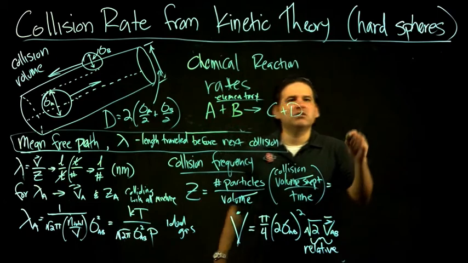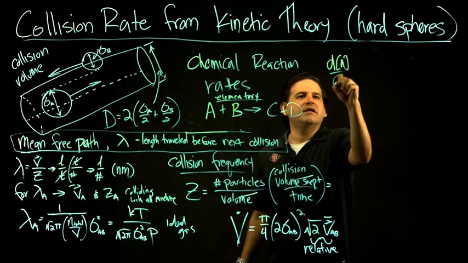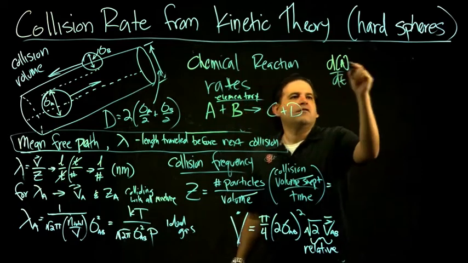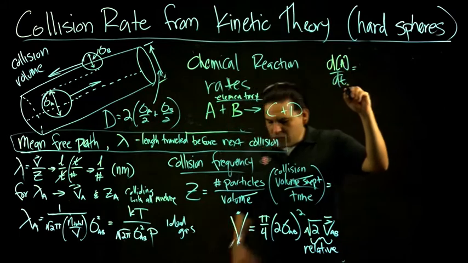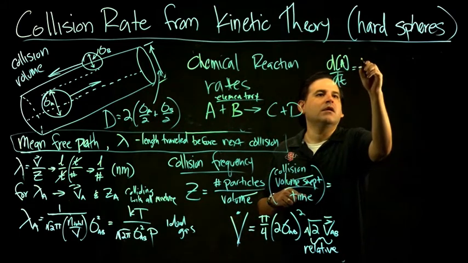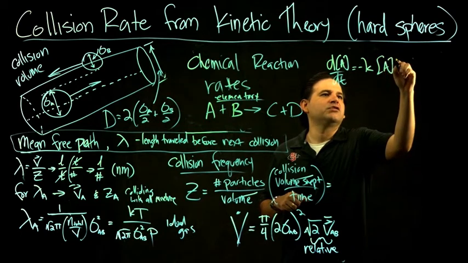So for this reactant here, A, for it to be consumed, you have to meet some criteria. So the rate at which it will be consumed depends on the number density, of course.